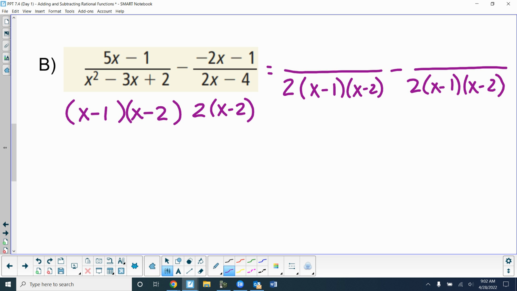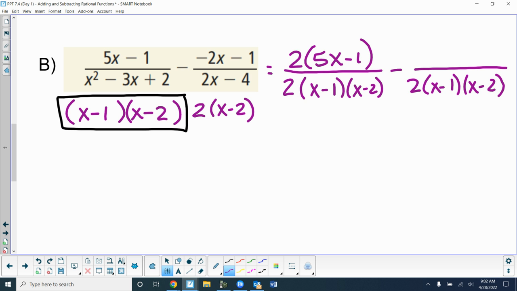Okay, so look here. This is the original first denominator. What do we do to this to get this? Multiply by 2. Right, so I've got to multiply the top by the 2. We okay with that? Here's the second denominator. What did we multiply by? The x minus 1.